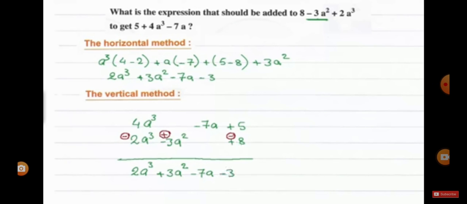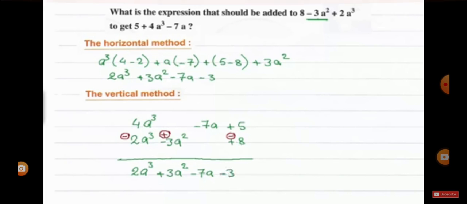Then I get a³, positive 4 coefficient, and the coefficient of a³ for the first expression is positive 2. I have to change the sign. Then 4 − 2. Then a, open brackets, −7.